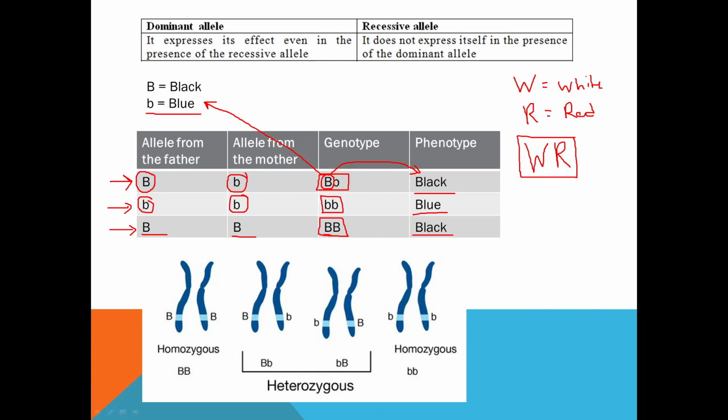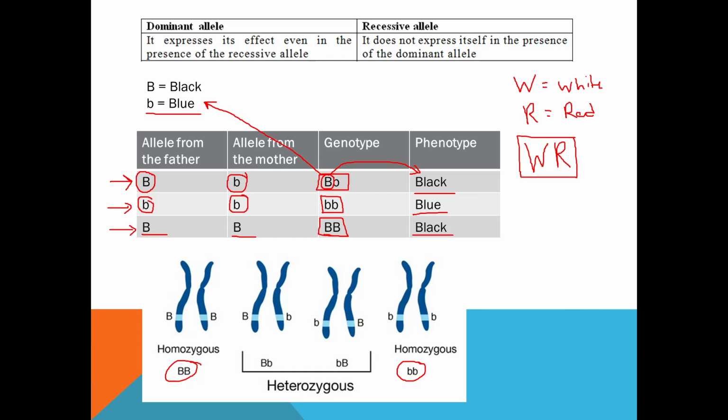You also need to know what is meant by homozygous and heterozygous. Basically, if both the alleles are the same type of letter, either capital or small, they will be called homozygous. In this case, out of 4 offspring, 2 of them have homozygous alleles.